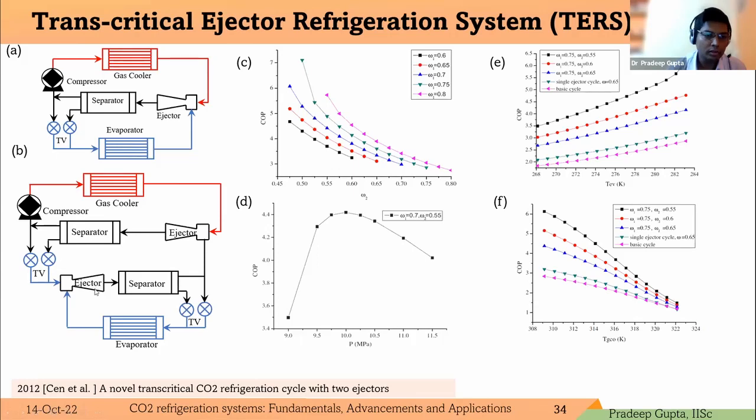If you had only one ejector, what would happen? Why do you want two ejectors like this? In this case, we are recovering the expansion work, as we have all studied. Still, some part of the expansion work is left in this system, so they try to utilize the other part of the expansion work as well with another ejector.